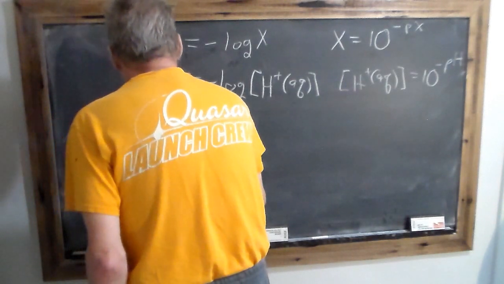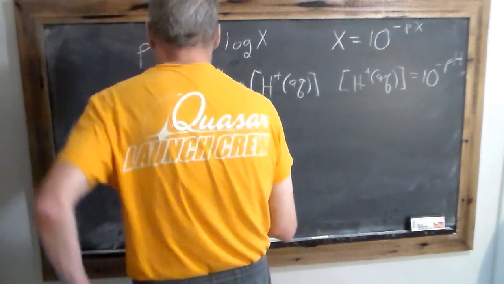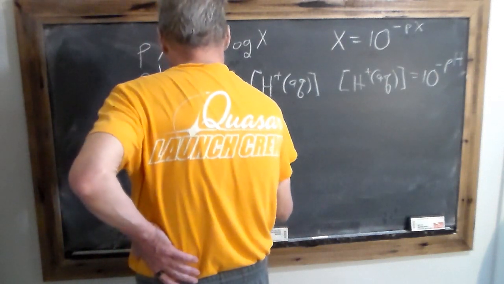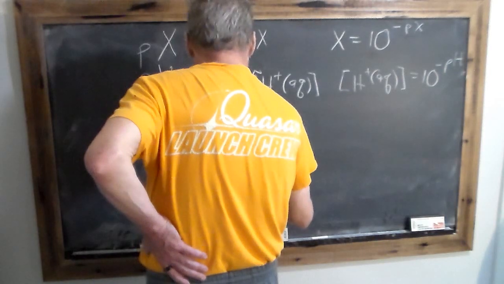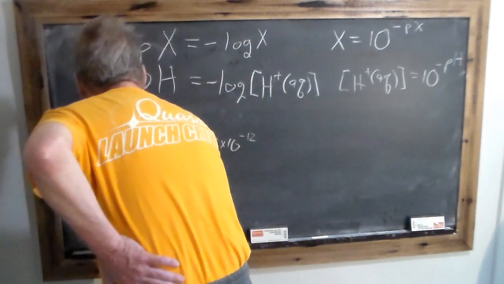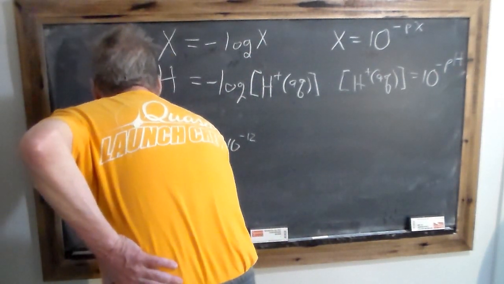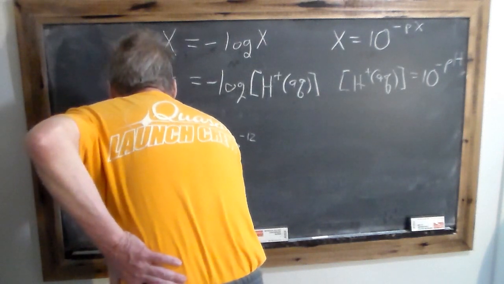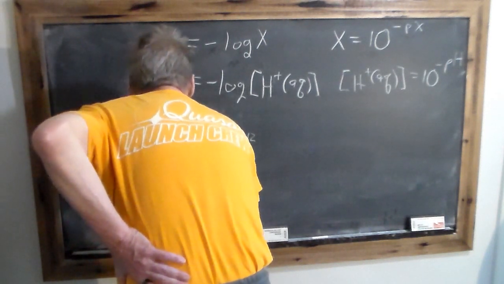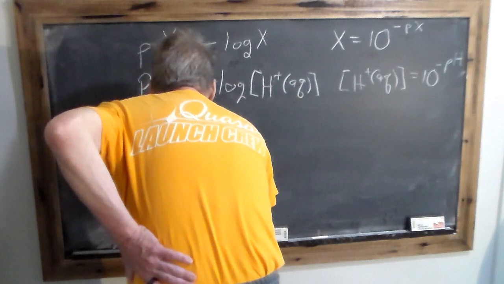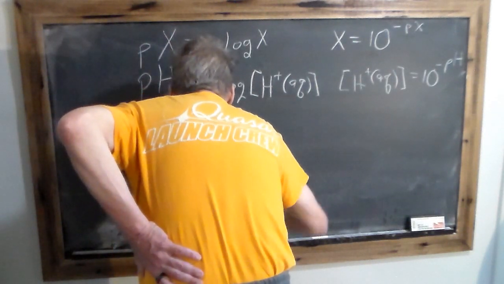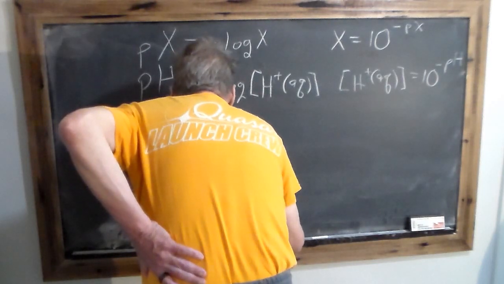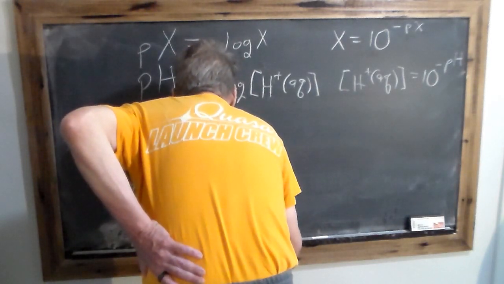Suppose we have a hydronium ion concentration of 7.8 times 10 to the negative 12, and another solution with a hydronium ion concentration of 3.4 times 10 to the negative fourth.